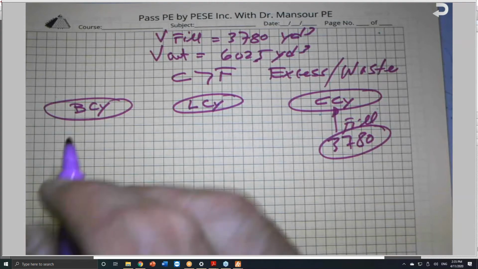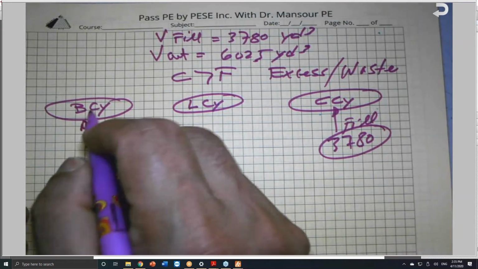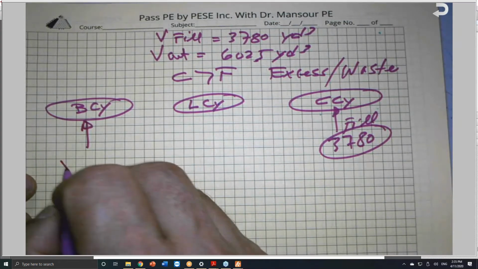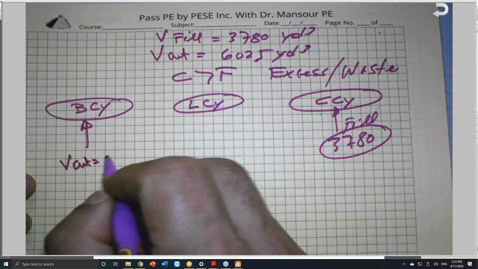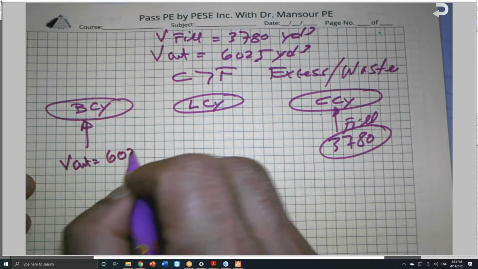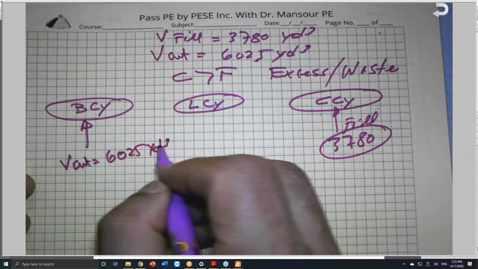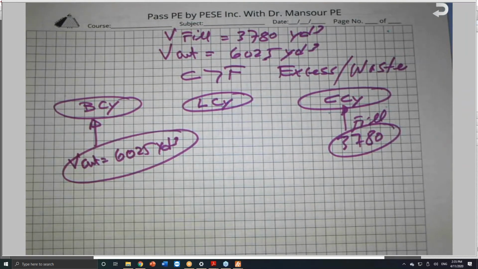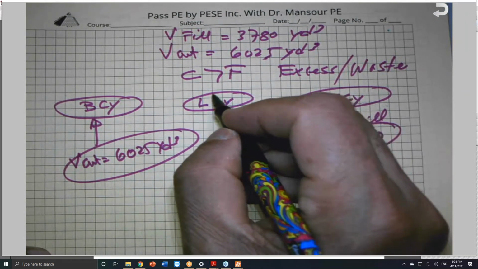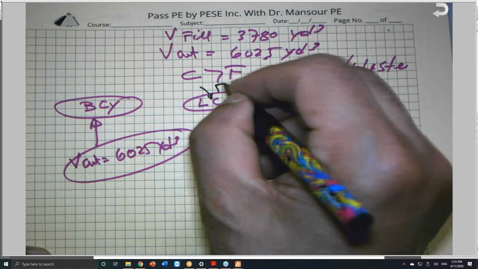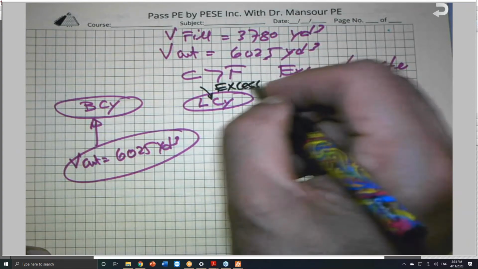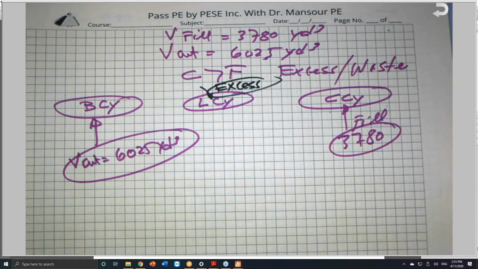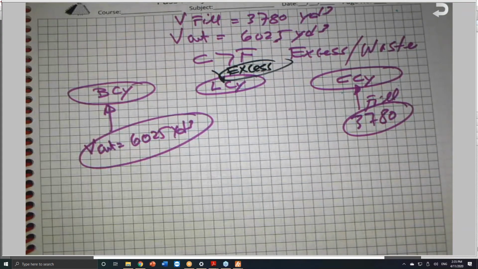The volume of the cut is cutting it from the bank cubic yard. So I know the volume of the cut here is equal to 6025 cubic yards. And he's telling me how much excess soil has to be hauled out, to haul it and dump it somewhere or store it somewhere.